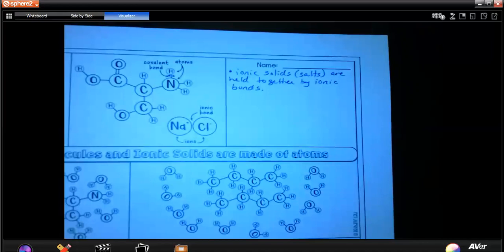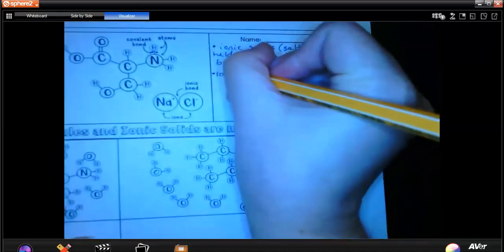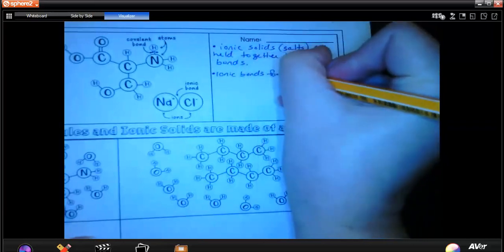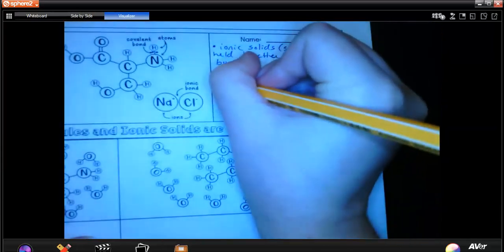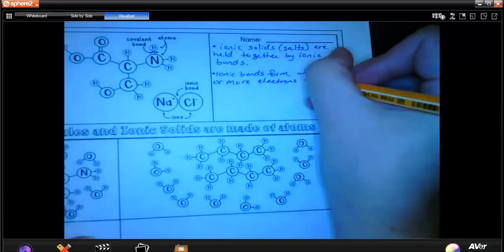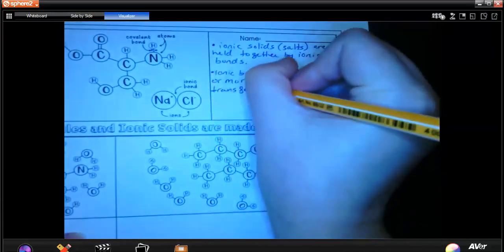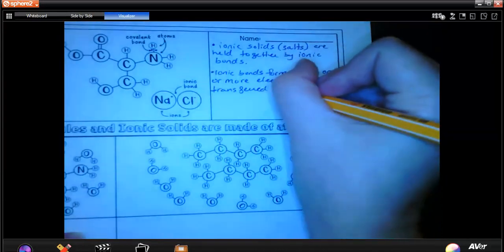It is transferred to another atom, and that's the word we're actually going to use. Ionic bonds form when one or more electrons are transferred, sorry, my handwriting's getting a little sloppy, transferred from one atom to another.